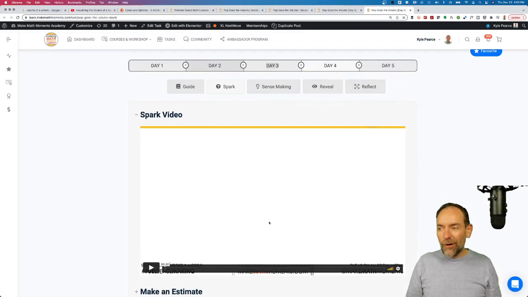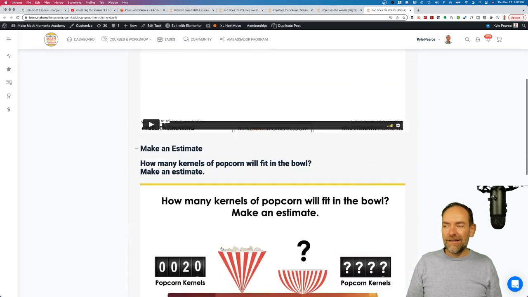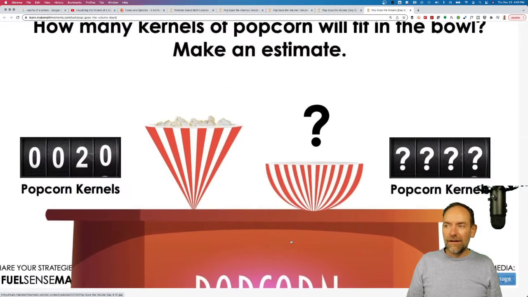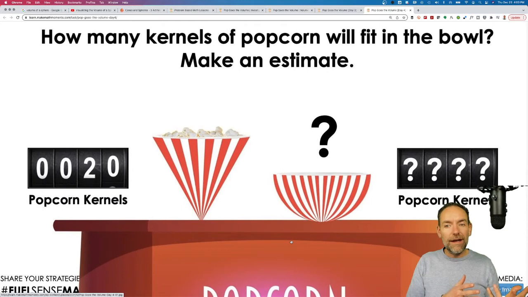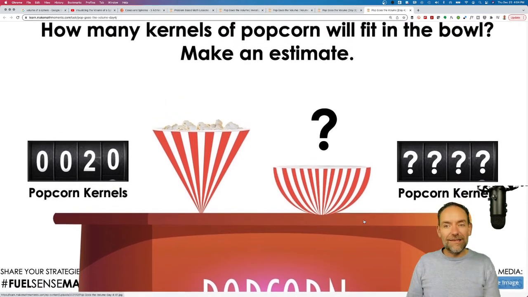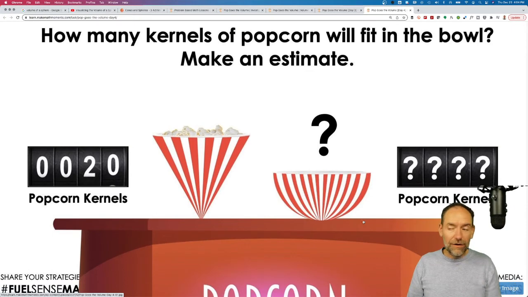In day number 4, we start exploring the relationship between a cone and a hemisphere, like a half sphere bowl, and we get them to estimate. Ultimately, through this investigation, students will learn that a hemisphere with the same radius, and a height equivalent to the radius, so the cone has double the height, has an equivalent volume.